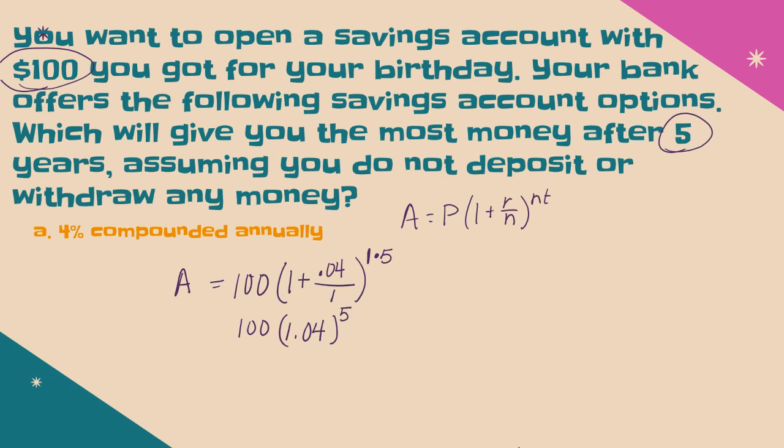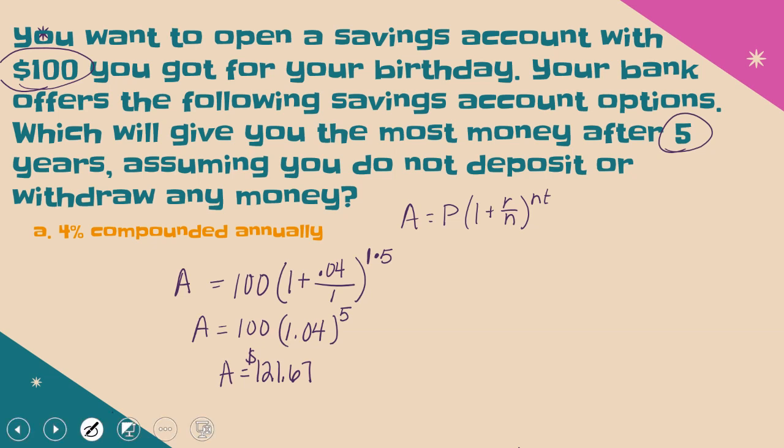Now I'm going to take the 1.04 to the power of 5, and I get 1.2166, et cetera, which I'm then going to multiply by 100, which tells me that I will have in my account after 5 years $121.67. So after 5 years, I've made a little over $20 on this account, assuming I haven't deposited or withdrawn any money. Okay, that's option 1.